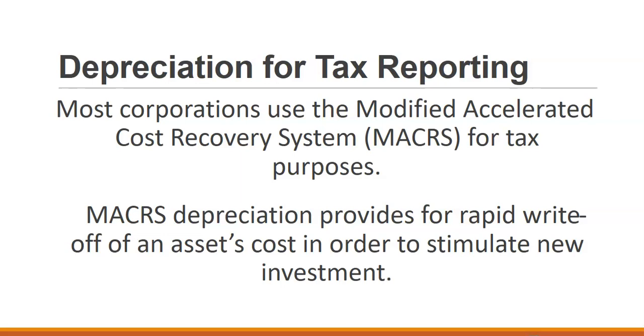So MACRS is an accelerated depreciation method, just like the double declining method, but it's a little bit more aggressive. And the IRS sets the rates for that. If you are an accounting major and you take tax and tax 2, you will dive further into MACRS depreciation schedules.